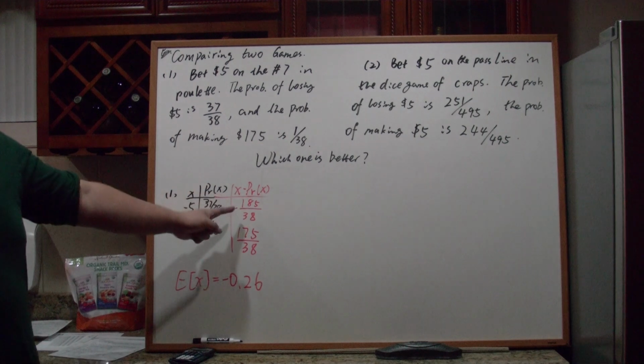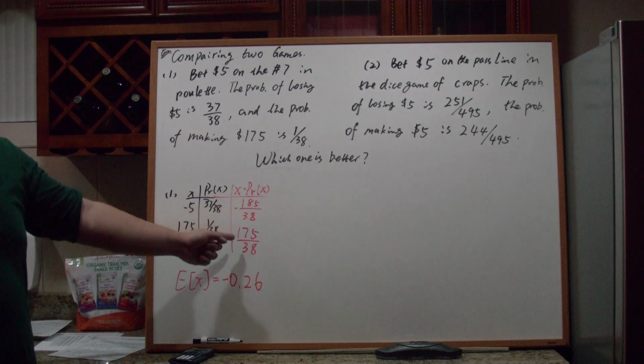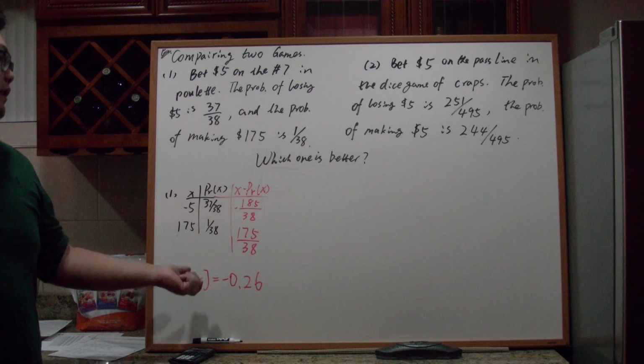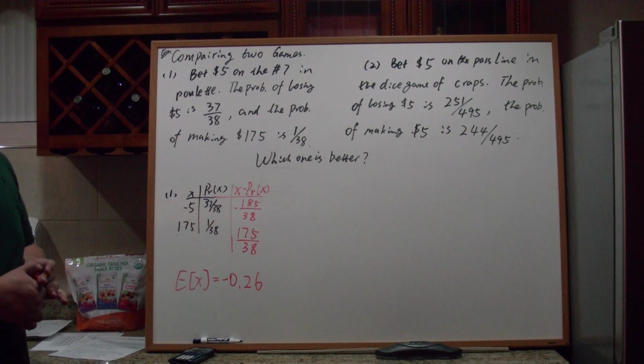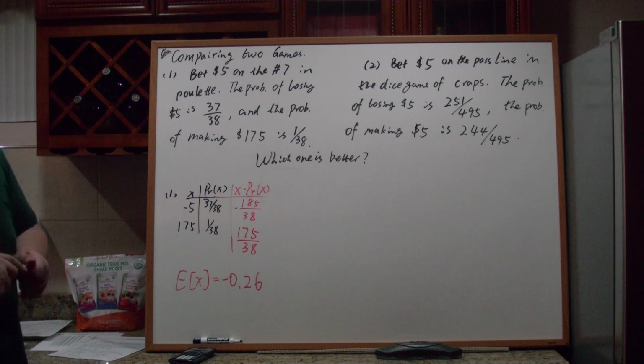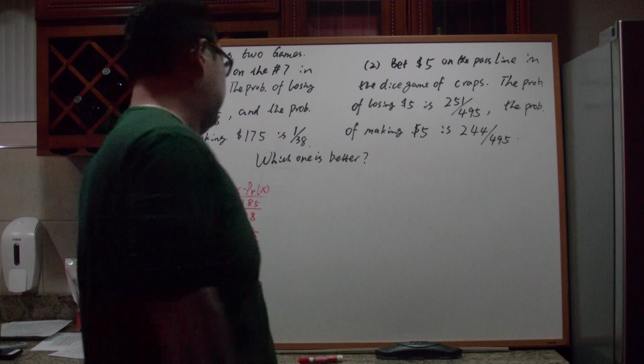We add them together: negative 185 over 38 plus 175 over 38, that is negative 10 over 38, which when we divide it is negative 0.26. That's the first game.